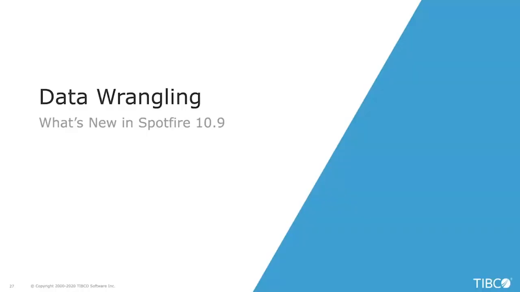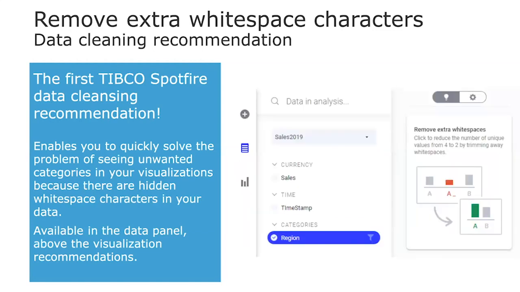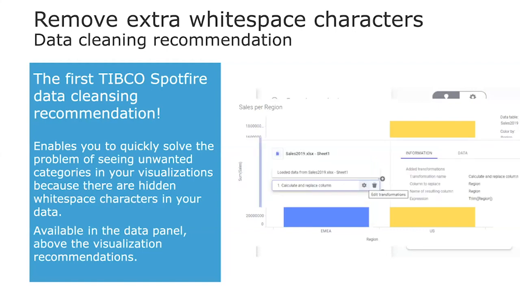Data wrapping, and this was the feature we just had a look at. So by realizing that you have unnecessary categories, go to the data panel, have a look at that column, use the recommendation for a data action that may be there, and see the result in fewer categories and correctly configured visualizations from the beginning.